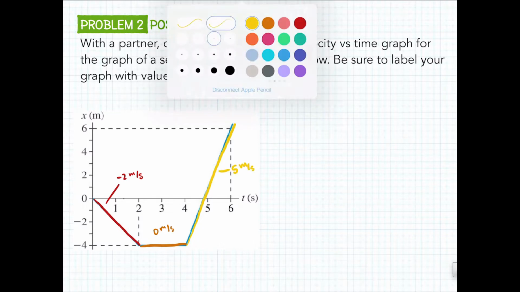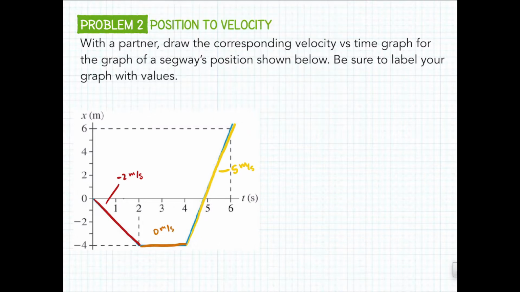So we're going to take that and try to draw our velocity versus time graph, which we're going to represent like this. So here's velocity over time, and we're going to have the same units. So this is going to be 1, 2, 3, 4, 5, 6.